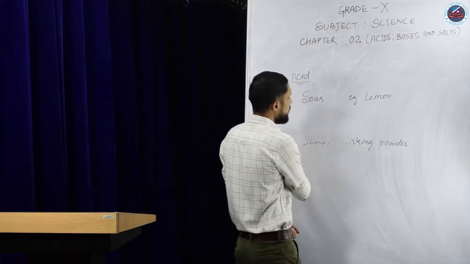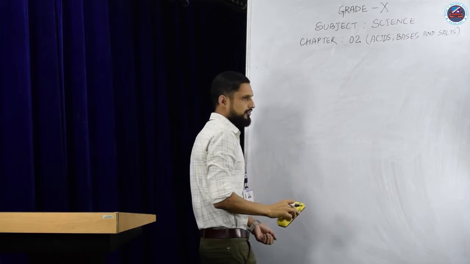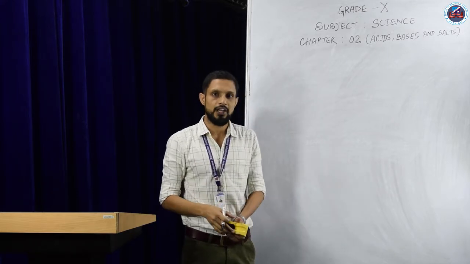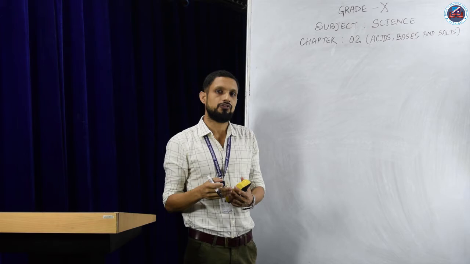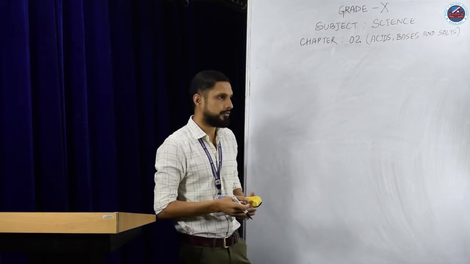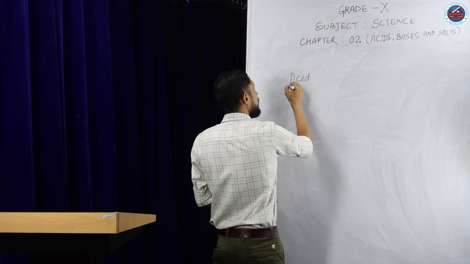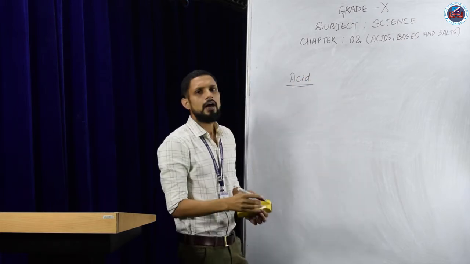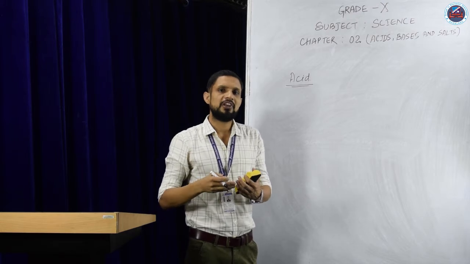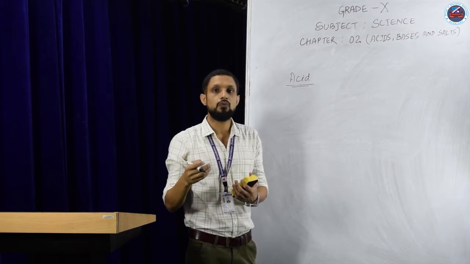Now chemically, we can define acid or base from their tendency to give hydrogen ion or hydroxyl ion. So we can say acids are the compounds having tendency to give hydrogen ion in water.